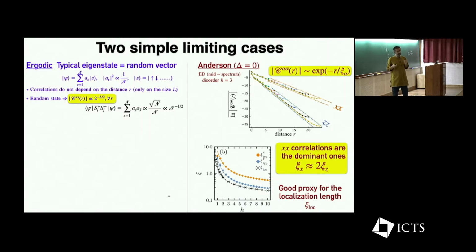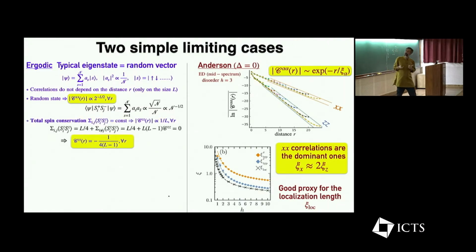But if you look at the ZZ component, this is very different, because in our XXZ model we have a conservation, the total spin conservation. That means the sum of these two-point ZZ correlation functions is a constant, and it can be 0. We can work in the subsector of 0 magnetization.